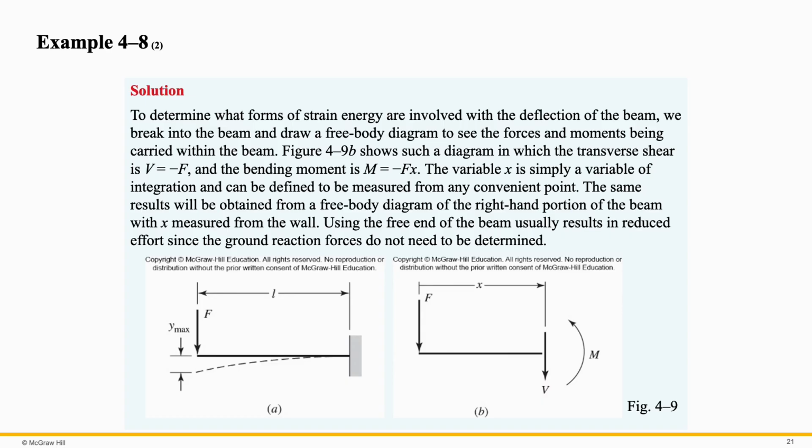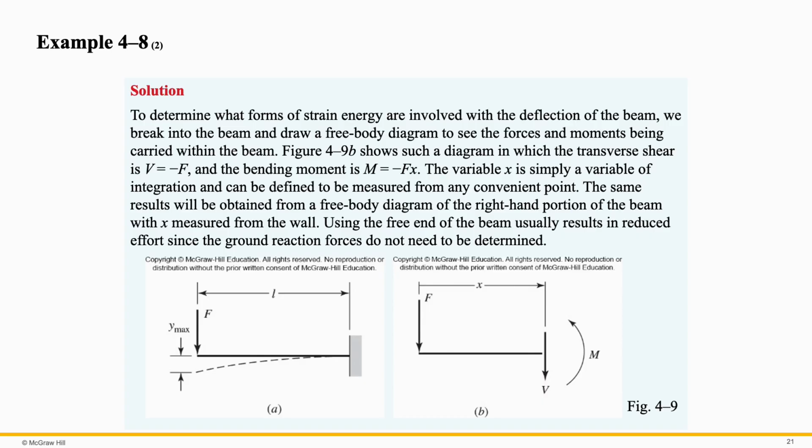The shear force is F, and this fixed support produces a reaction force which is represented by V. It's equal in magnitude and opposite in direction, and it also produces a reaction bending moment of Fx in order to maintain the equilibrium condition.